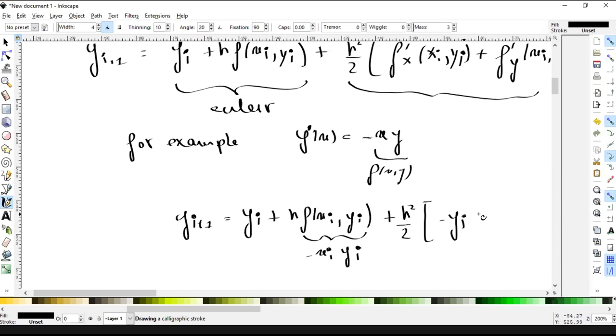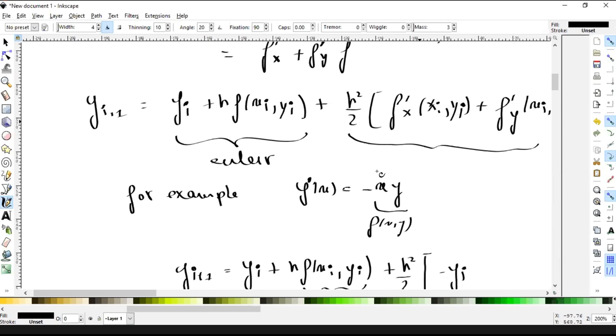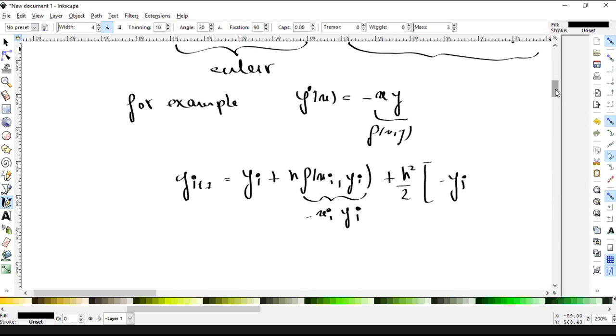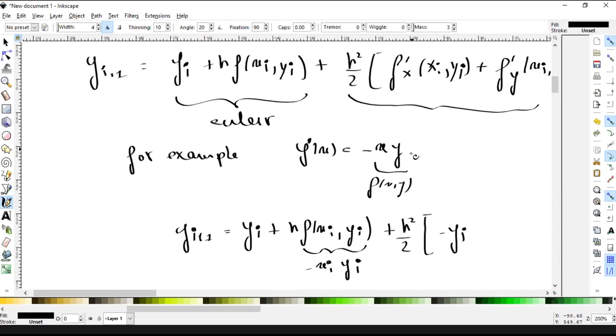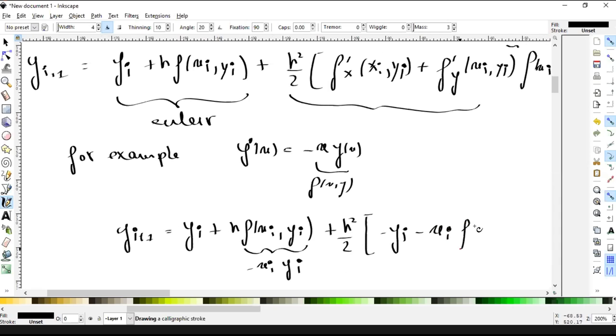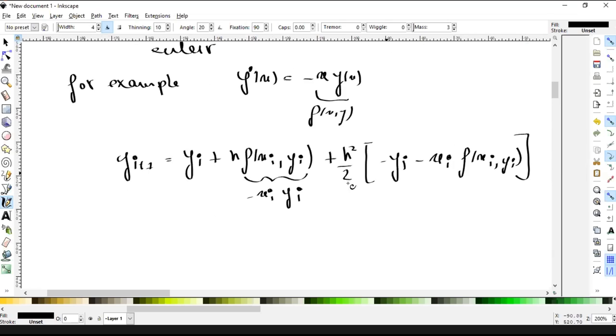So the derivative with respect to x is minus y at the point x_i, y_i. Remember that y is a function of x. So minus x_i, f of x_i y. So as you see, this is now as the Euler.